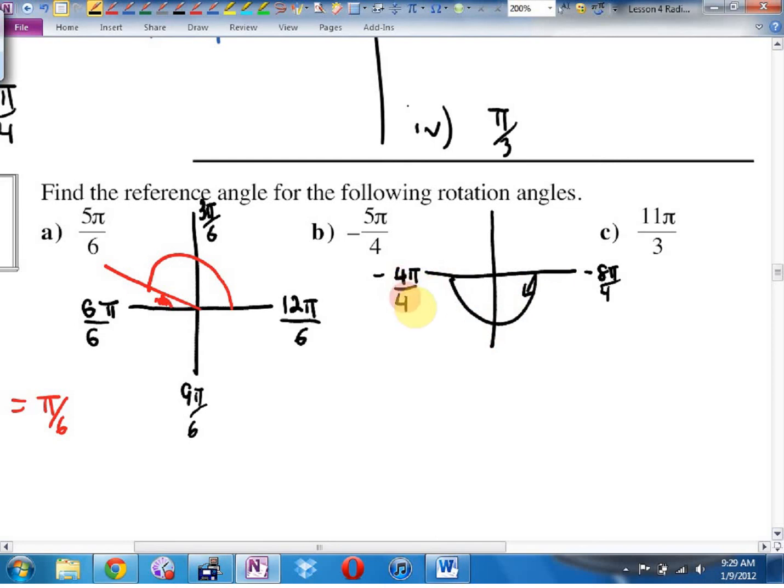Negative 2 pi by 4, negative 4 pi by 4, negative 5 pi by 4, I think is right there. Because negative 6 pi by 4 is too far. There's my reference angle. How big? Kara, you're right. Yes.